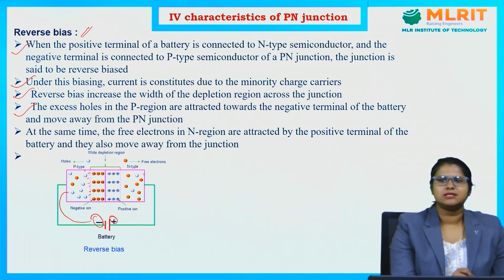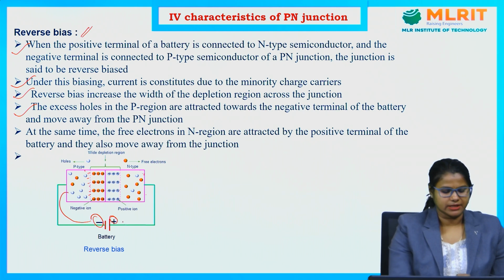Similarly, in the N-type semiconductor, we have electrons as the majority charge carriers. These electrons will be attracted towards the positive terminal of the battery. They will leave an excess of positive charges near the junction.